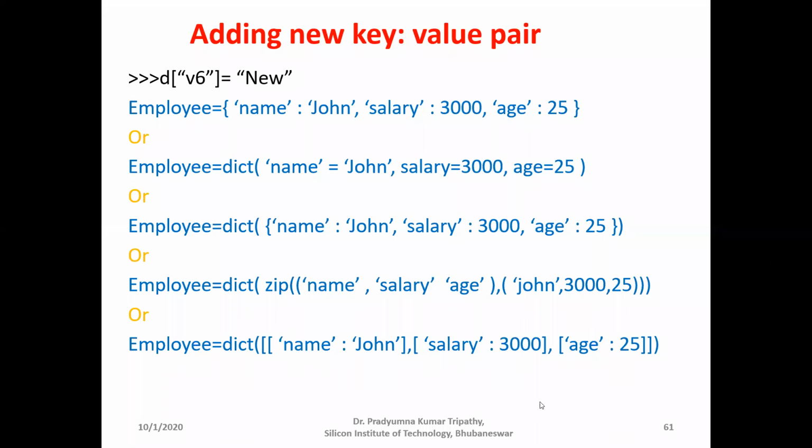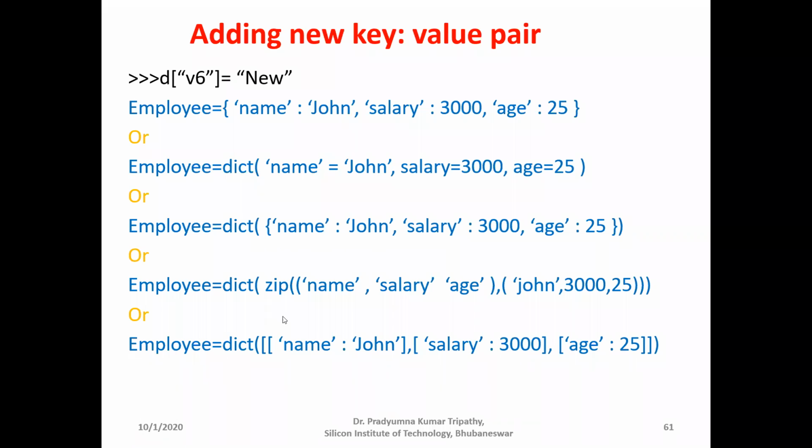We have also seen how many different ways the dictionary can be declared. You may write it with key and value pairs, or you may use the dict function. You can have key equals to value, or you may have key colon value.